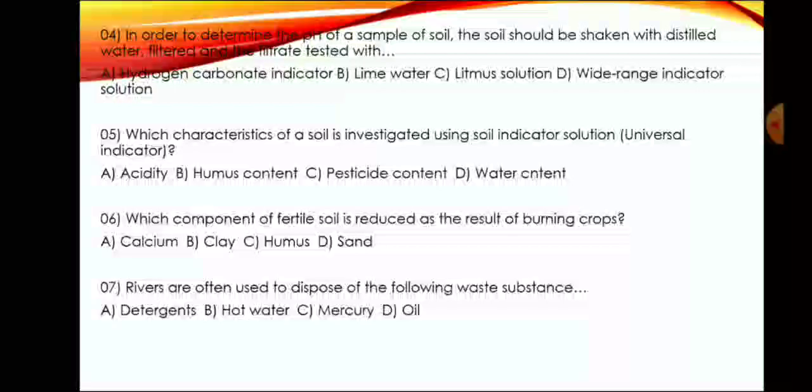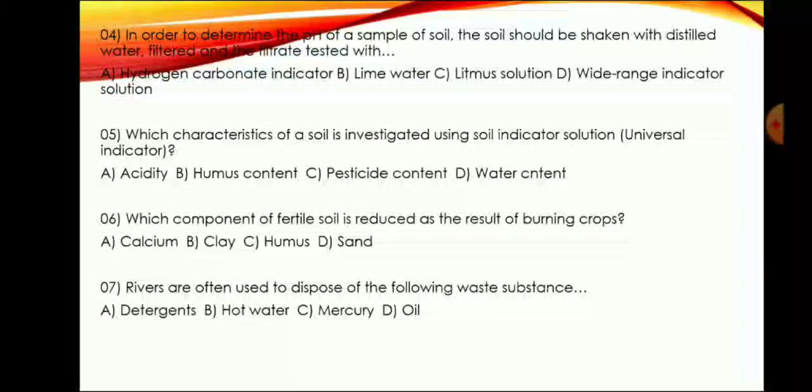So the wastes are also present in the form of detergents, mercury, oil, but commonly hot water enters the rivers on a large scale, because the industries whose waste products are in the form of hot water are present at the bank of the rivers.